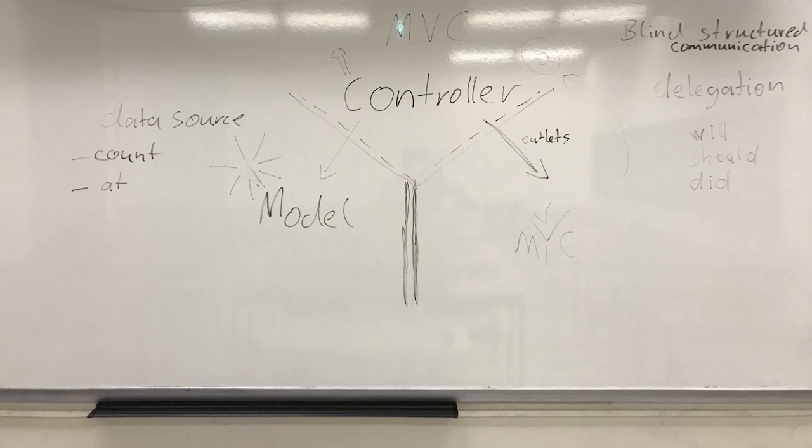There's also the tab view controller. If you have an iPhone, you've seen this before. You have little tabs here, and you click on one, the screen changes and puts this view controller there. You click on the next one, that goes away, and the next one comes. So it depends on what you're using.